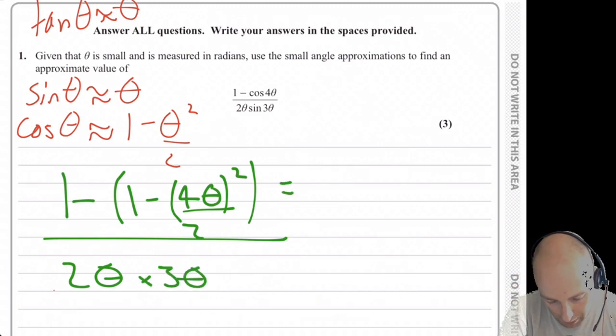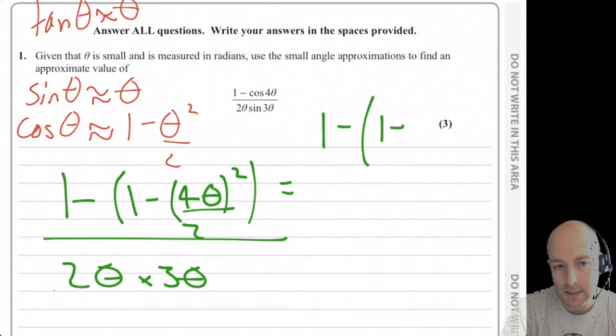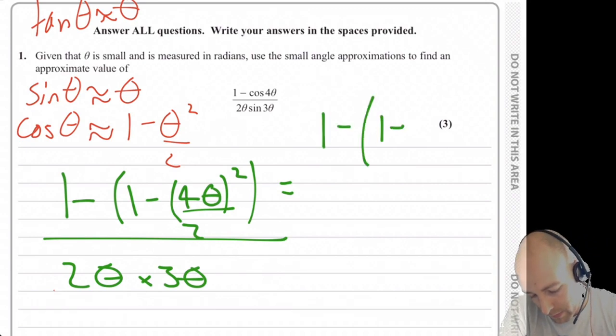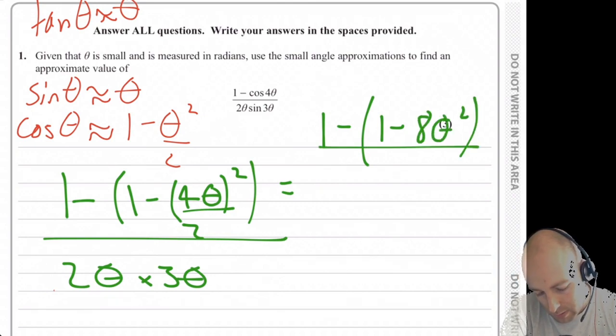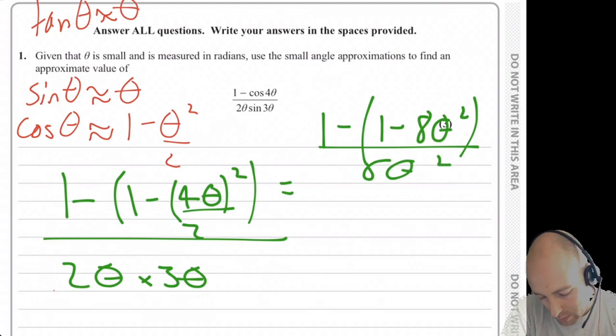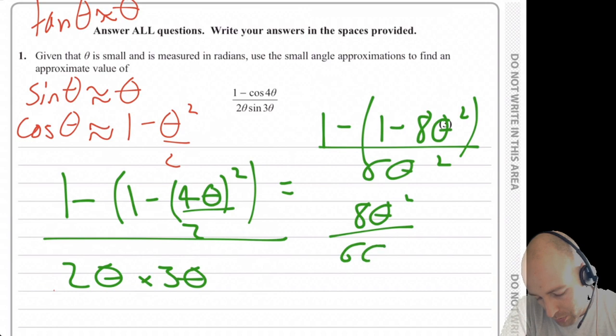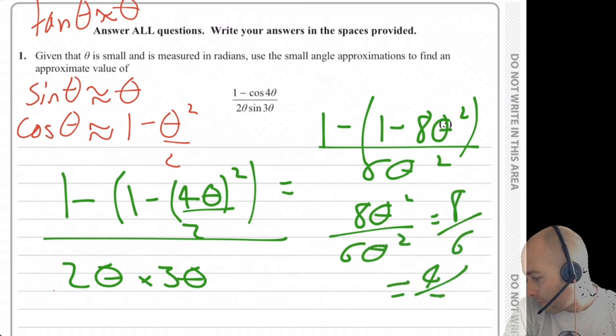To simplify this, 4 squared is 16, so 16 theta squared over 2 is going to be 8 theta squared, all over 6 theta squared. So we get 1 take 8, which gives us 8 theta squared over 6 theta squared, which is 8 over 6, which is 4 over 3.